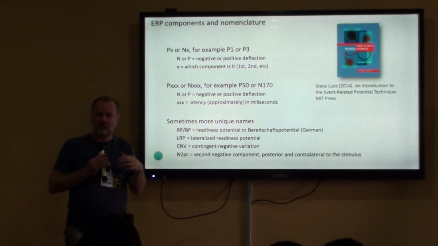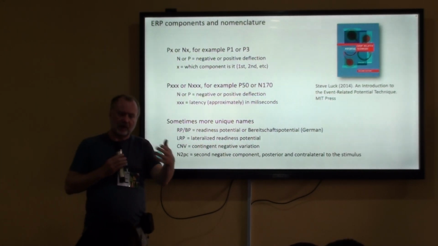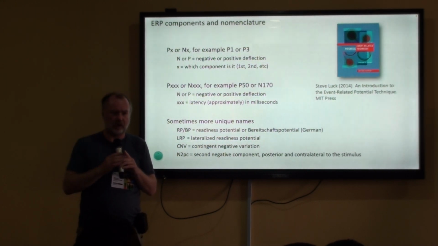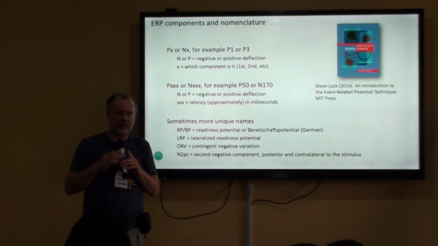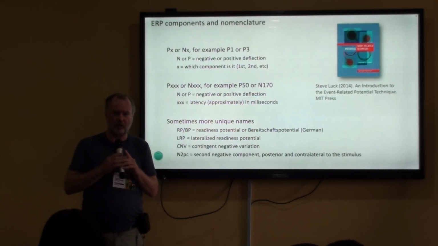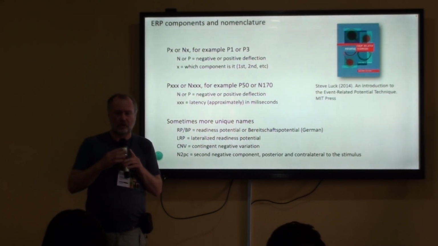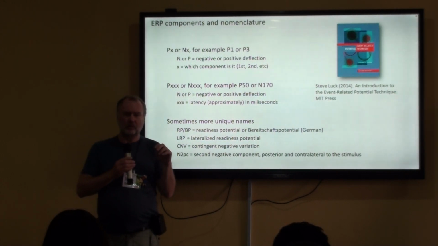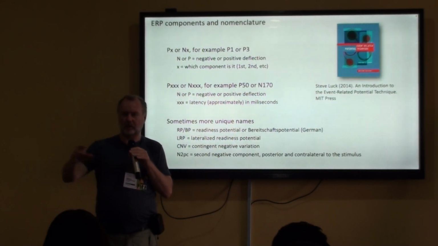The readiness potential is activity that you get prior to making a response. So prior to making a response, there's planning involved, and part of that planning is general, and part of that planning has to do with the execution of the motor task. So what you can do is you can design an experiment in which participants prepare a movement with the left hand, or where they prepare a movement with the right hand.